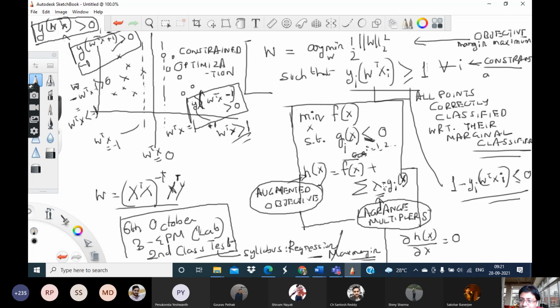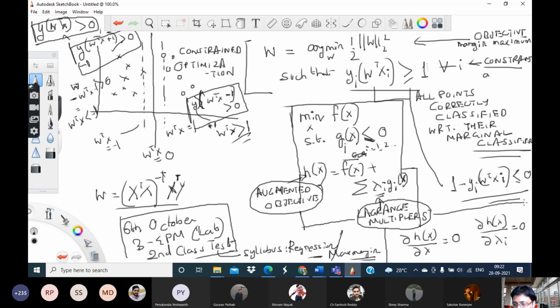Here I have x unknown and the individual lambdas also unknown. Whenever there are unknowns, I have to take derivatives with respect to them. So I take the derivative with respect to x, I take the derivative with respect to all the lambdas one by one, and I equate all of them to 0.